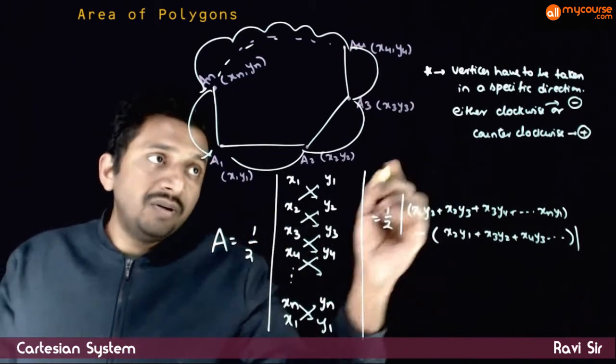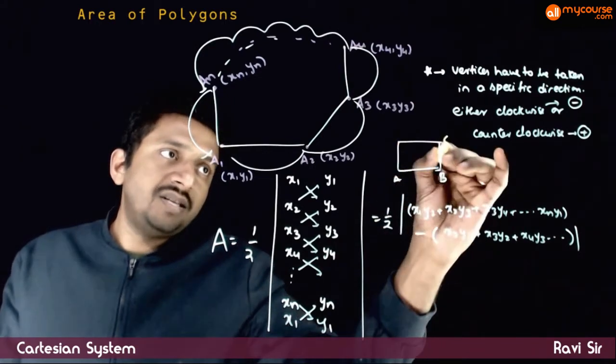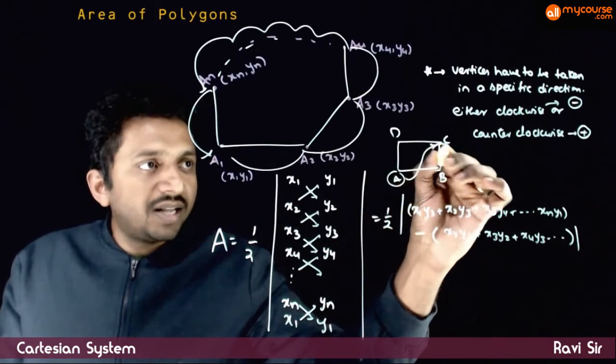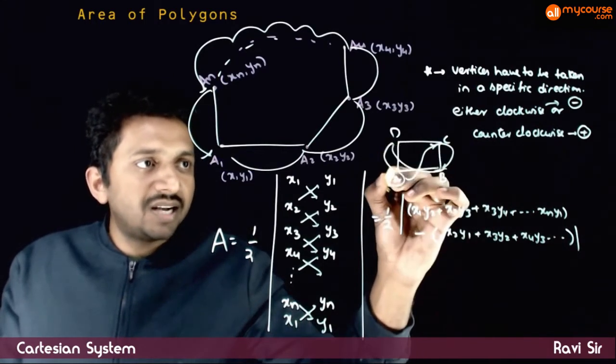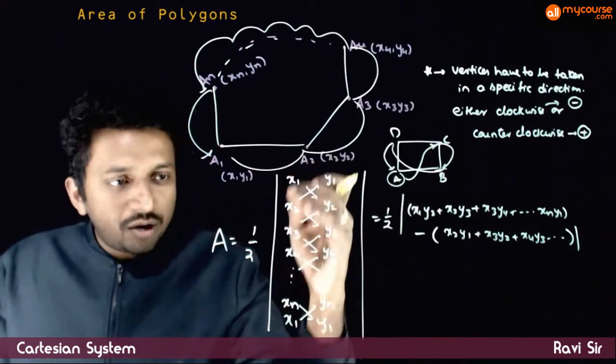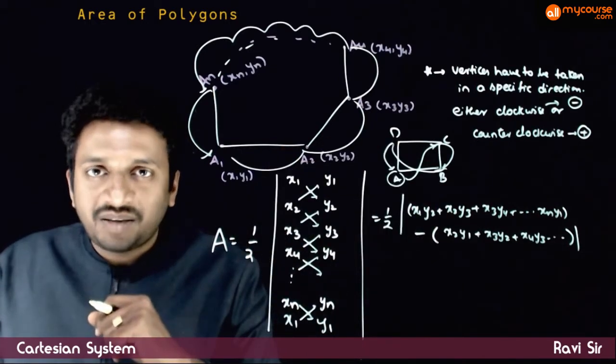So what you cannot do is assume that you have these 4 vertices A, B, C, D and take x1, y1 first and then this vertex and then this vertex and then this vertex and come back. If you haphazardly take the order of the vertices, the answer will not turn out to be the same.